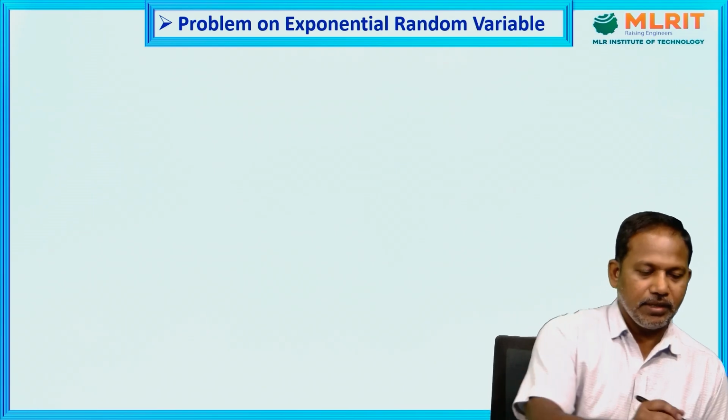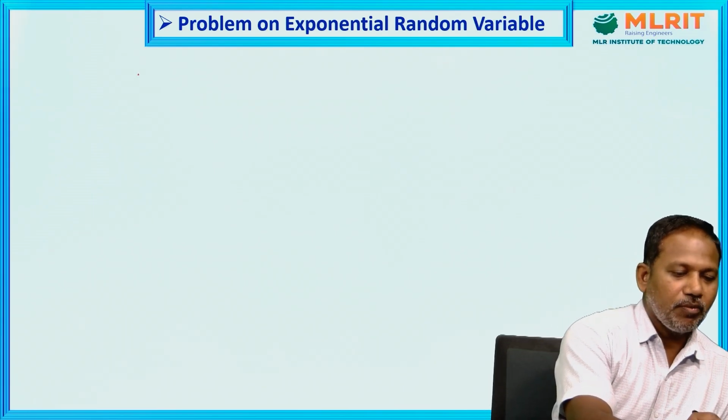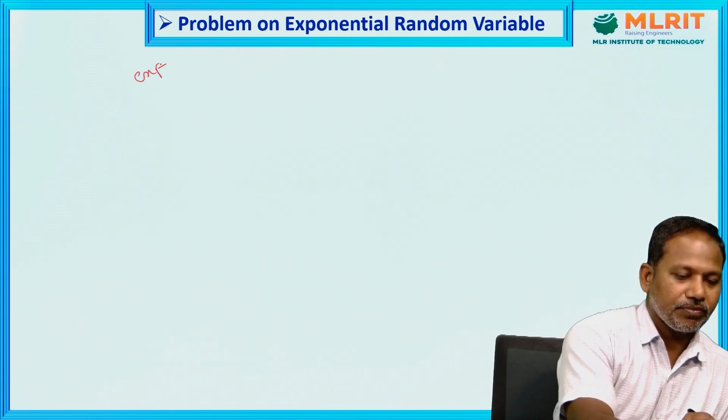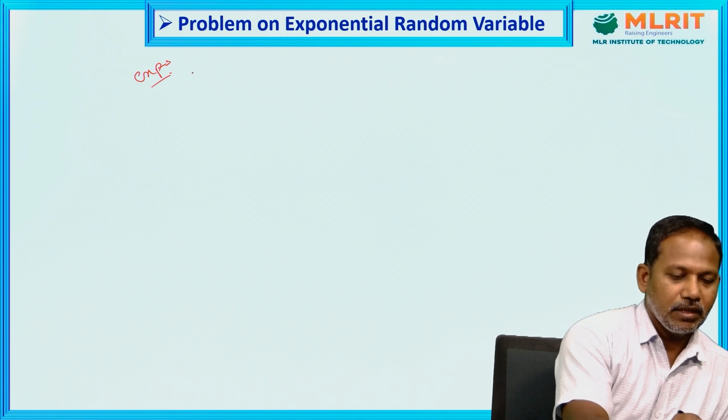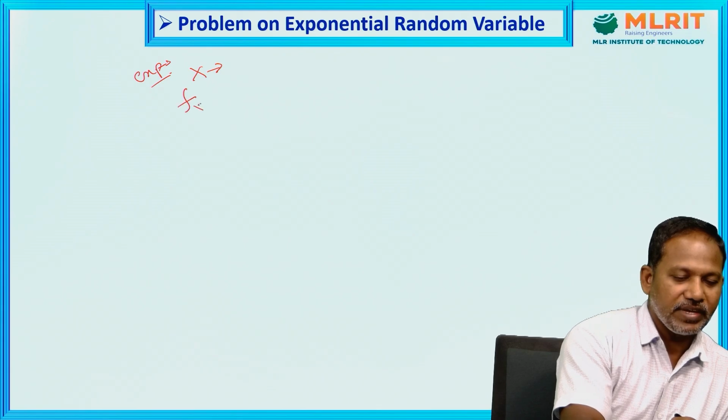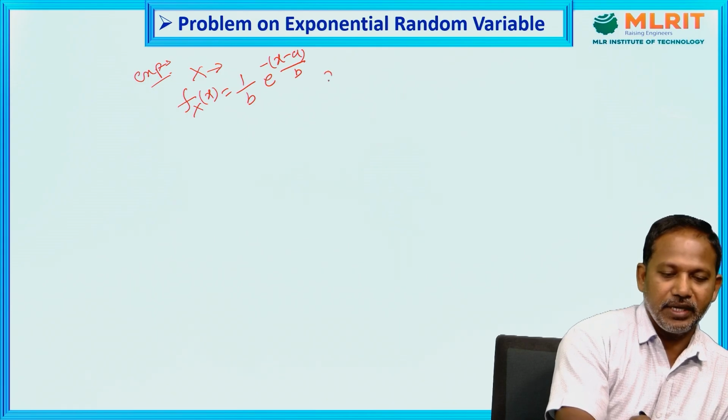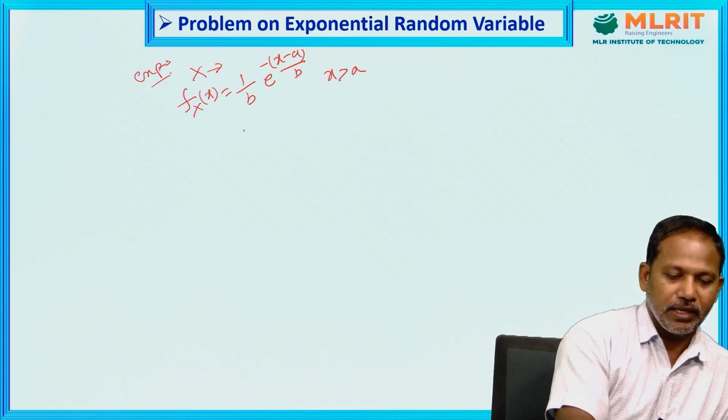See here, for the exponential random variable x, the probability density function small fx of x is equal to 1 by b into e power minus of x minus a by b for x greater than a, and 0 for x less than a.